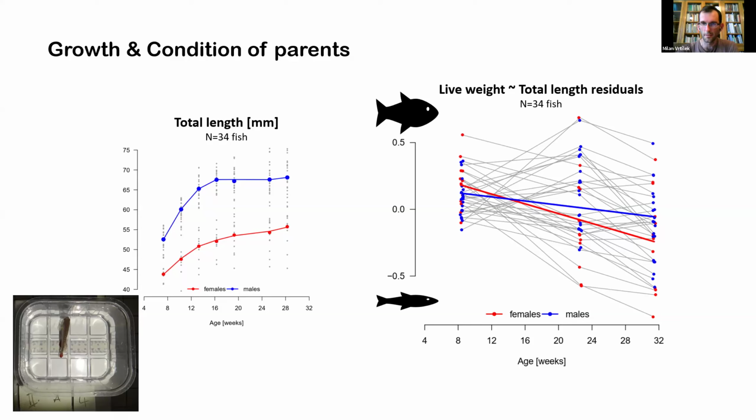Simplified, it's just an index, basically body mass index, the proportion of weight to body length. The individuals, the dots above zero, have better condition than average, and below zero, it shows that they are in poor condition. So you can see that both in males and females, there is a trend to decline with increasing age.